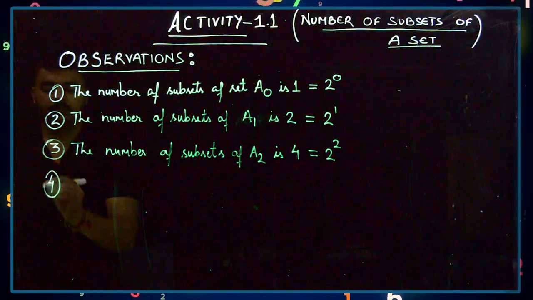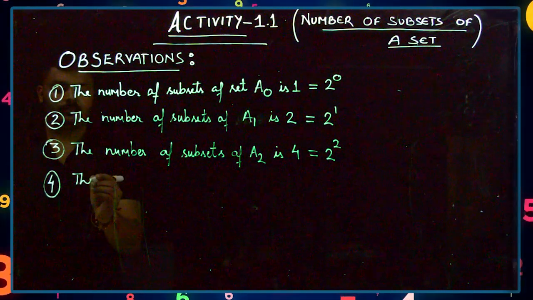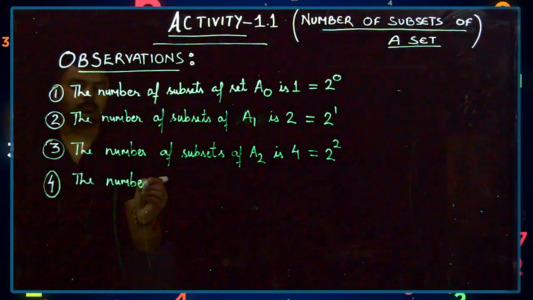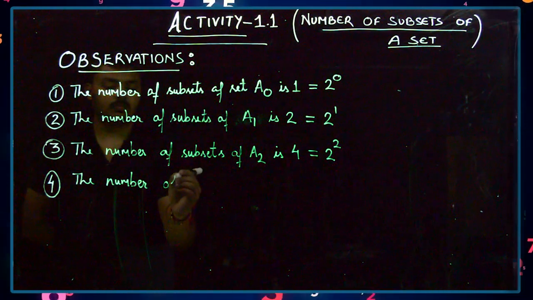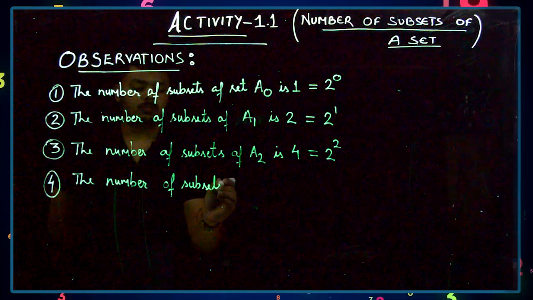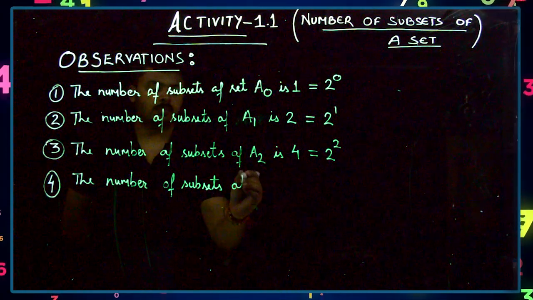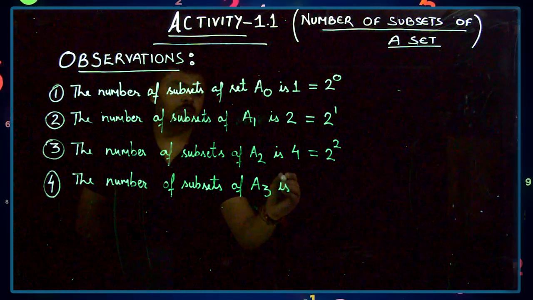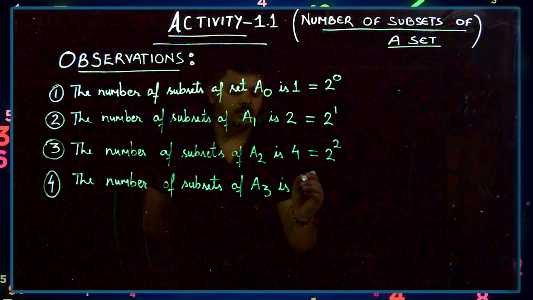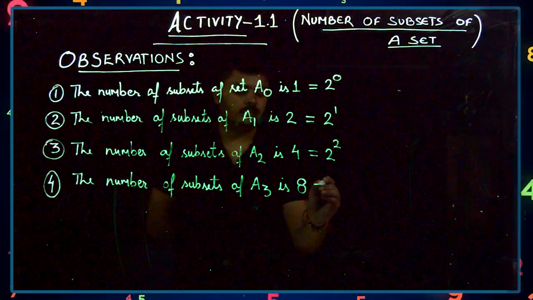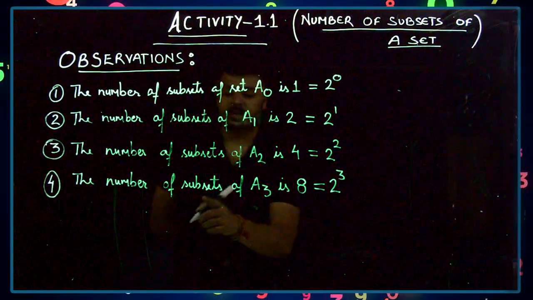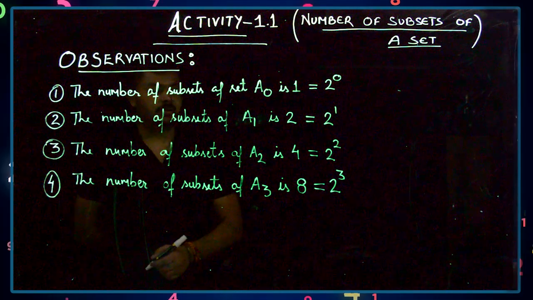Fourth, the number of subsets of A3 is 8, that is 2 to the power 3, as A3 has 3 elements.